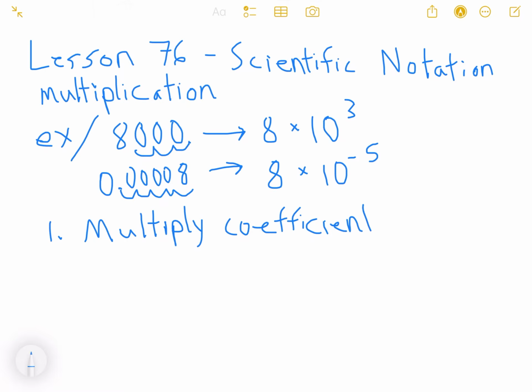When I worked with instrumentation, we had coefficients that we'd load for the instrument to read to give us the right answer for temperature or humidity or something like that. So multiply coefficients, and then I'm going to add all of the exponents.